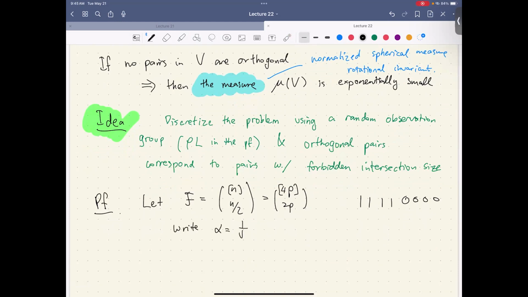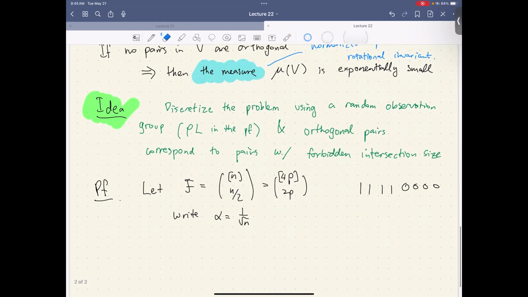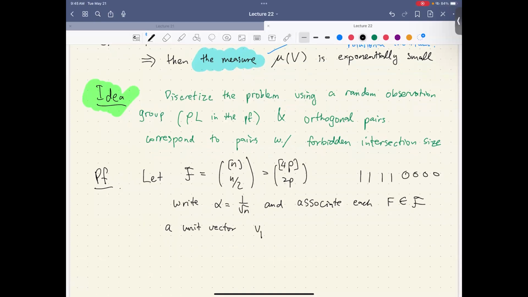So you're going to shift it. Consider alpha to be 1 over square root n, and then associate to each set F in our family a unit vector. Let's call it V_F.